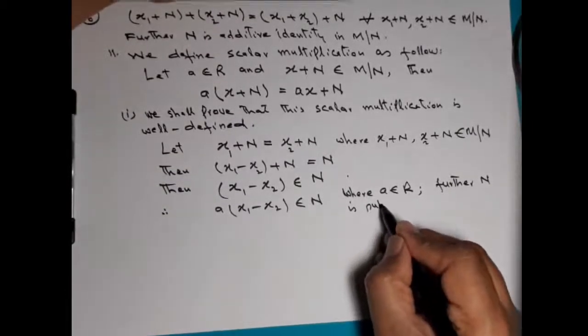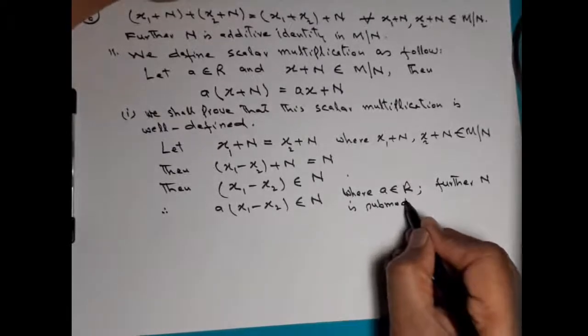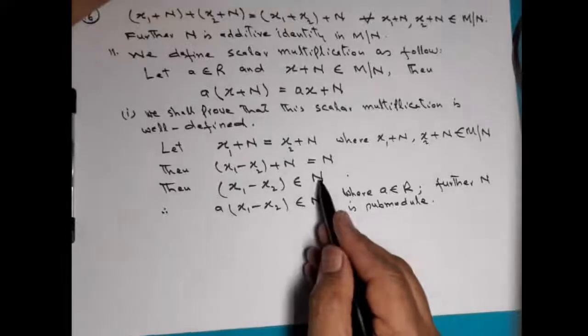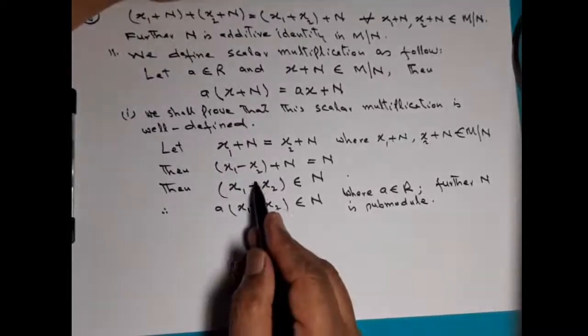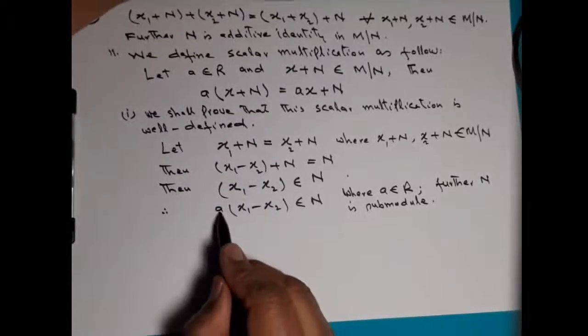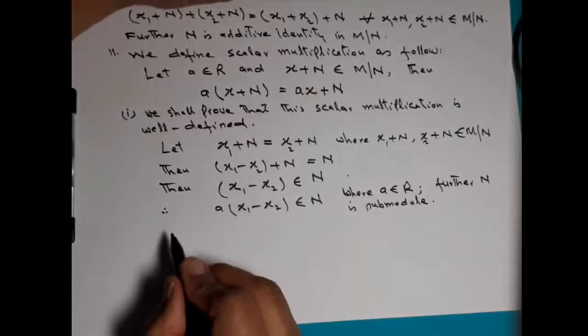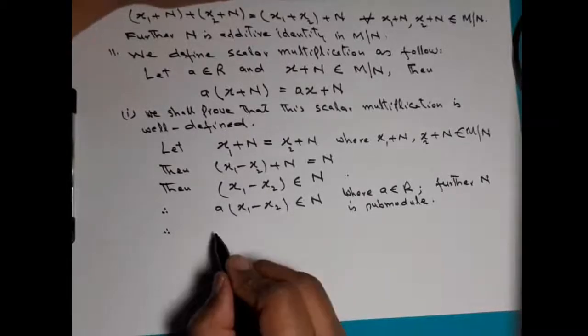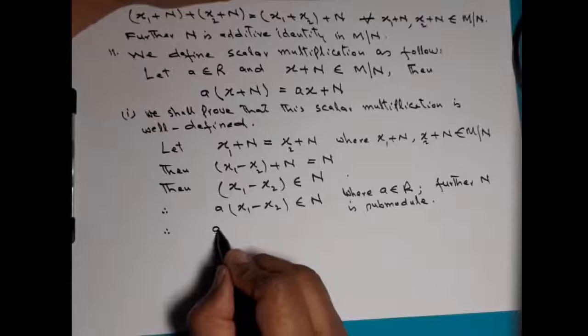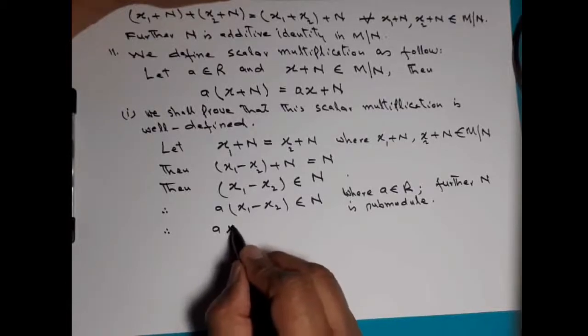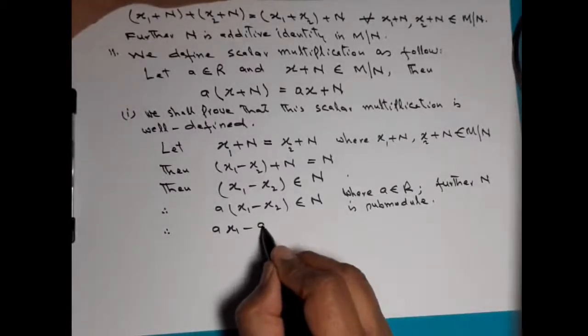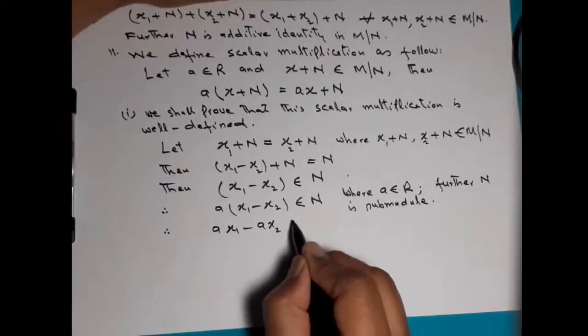So for that reason, if x1 minus x2 belongs to N, then if you multiply x1 minus x2 with any scalar, this result will belong to N, and therefore ax1 minus ax2 belongs to N.